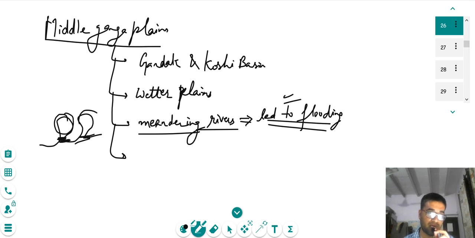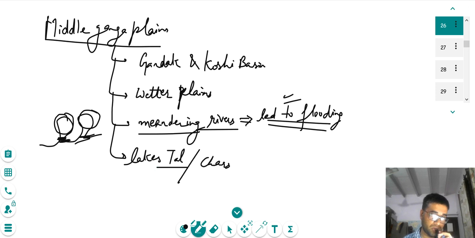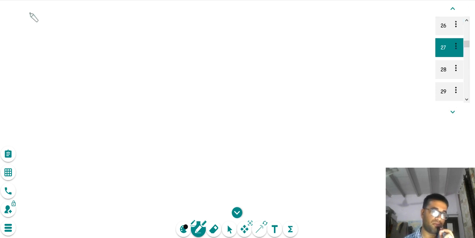These lakes are called tal or chaur, right? So you can remember this property also. Okay, so this is the Middle Ganga Plain. Moving on to the next part, that is the Lower Ganga Plains.